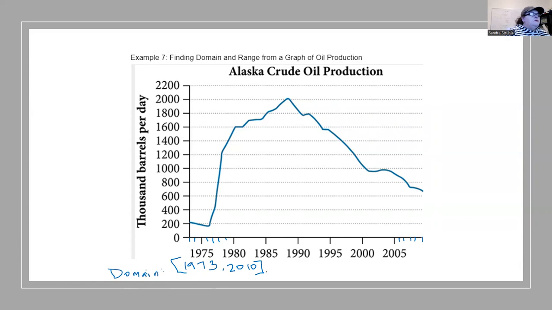My range, I have to look along the 1,000 barrels per day range. And it doesn't matter where it starts. What matters is how low it is. So where is this hitting? I think we said about 175 in class. So 170, 175, including.